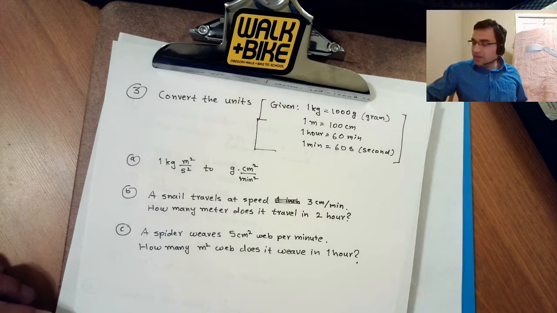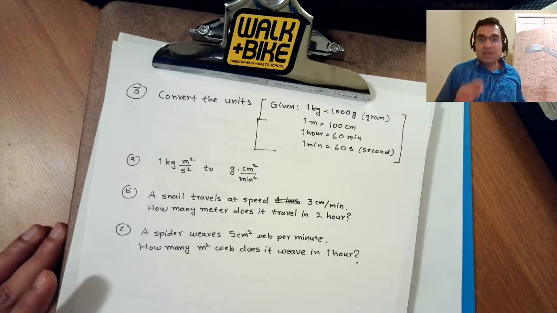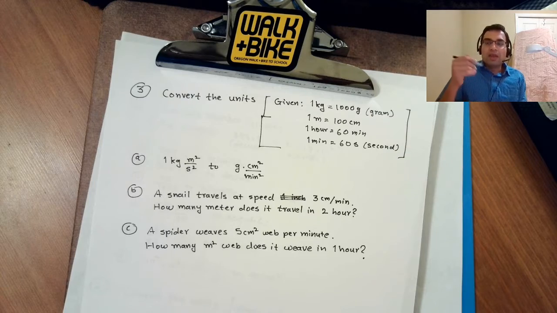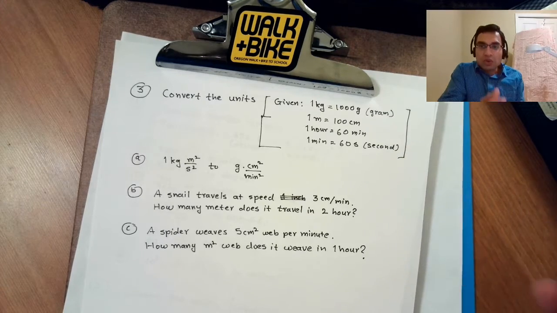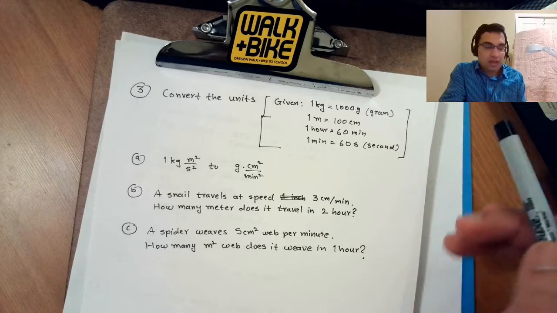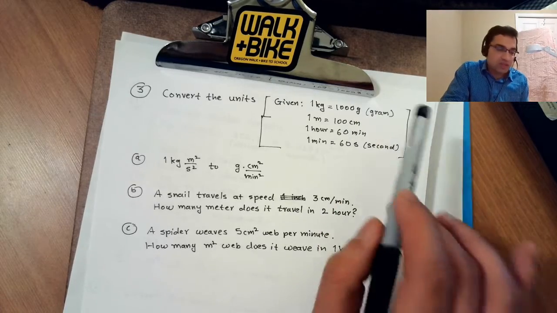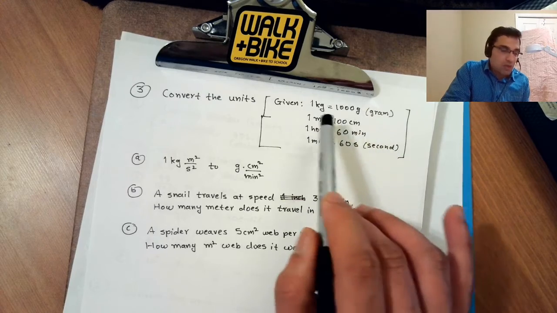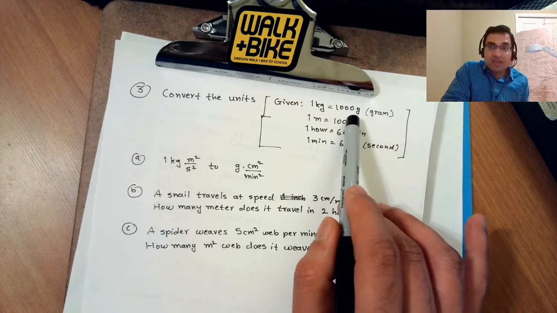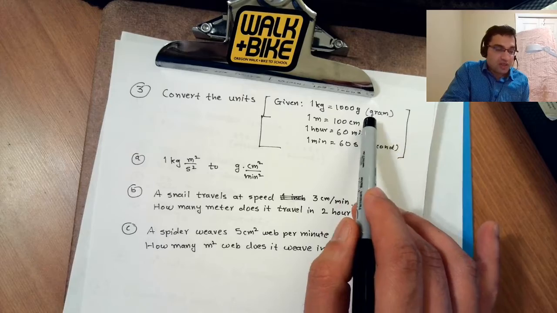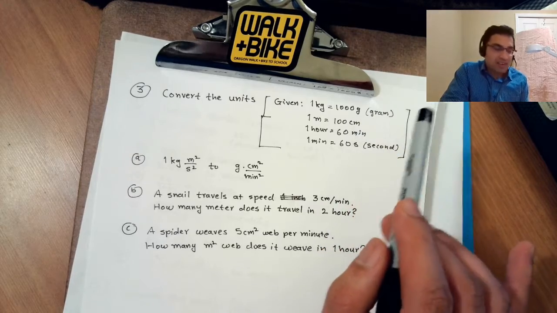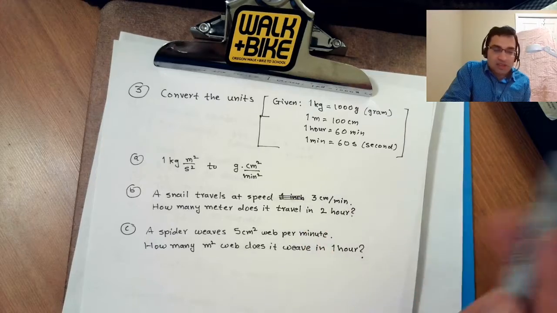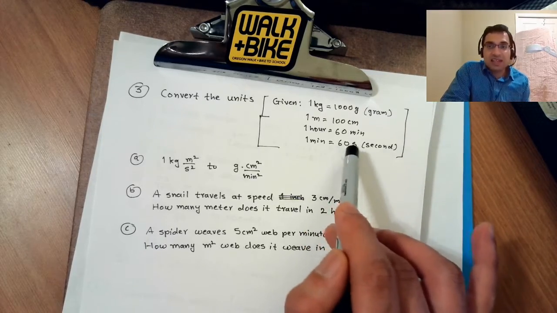The correct scientific notation for gram is g. A lot of people sometimes write gm, or if you buy things in a grocery store, sometimes they'll write gm, but the correct way is just lowercase g. So 1 kilogram is 1,000 gram, 1 meter is 100 centimeter, which also equals 1,000 millimeter. 1 hour is 60 minutes. You know that, right? 1 minute is 60 seconds. Second is the SI unit.